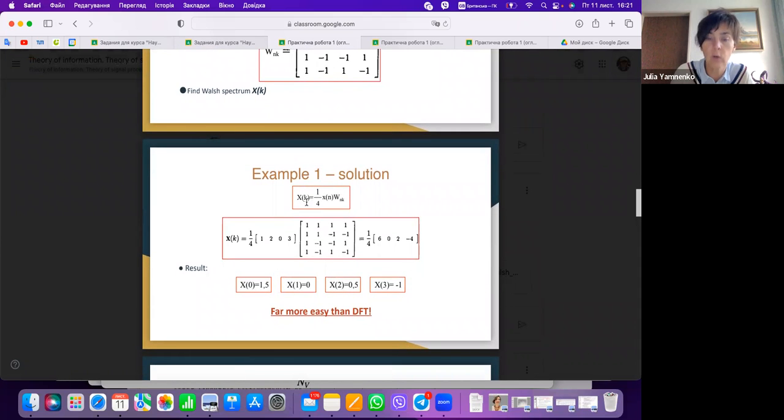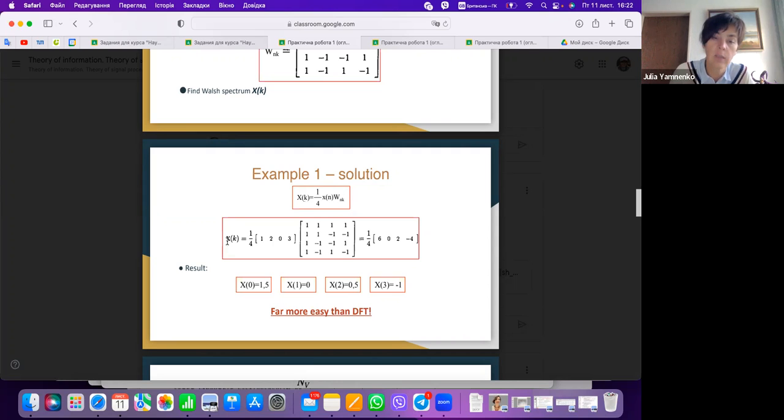Here there is a formula of the direct Walsh transform. X from k equal to 1/4 here in the example, but in your case it will be 1/n, and your n is equal to 8. So you have to put the multiplier 1/8 here, then you should put your initial function x from n, and then the matrix.